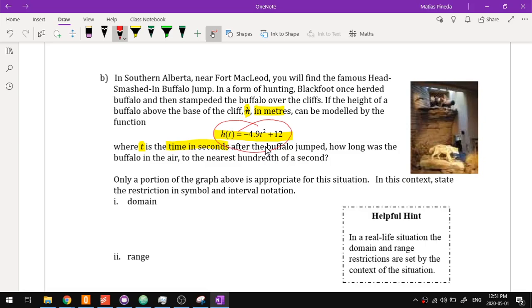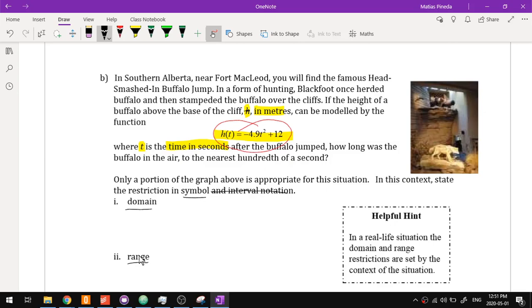We're going to use the graph that they've already graphed for us. They're saying only a portion of the graph above is appropriate for this situation. In this context, state the restrictions in symbol or interval notation. We're not going to do interval notation. We're just going to do the symbol notation for the domain and the range.